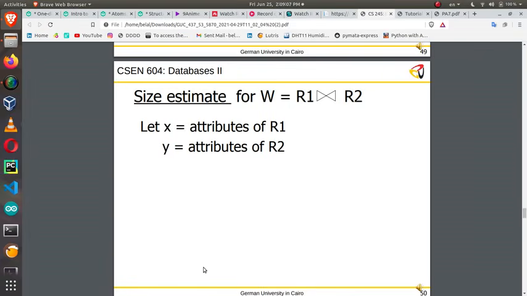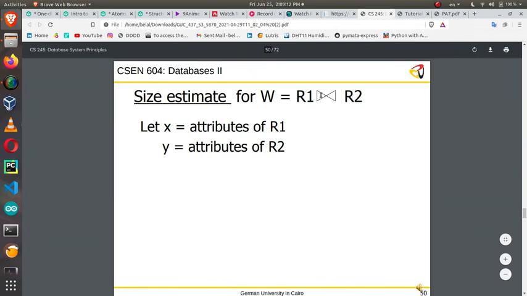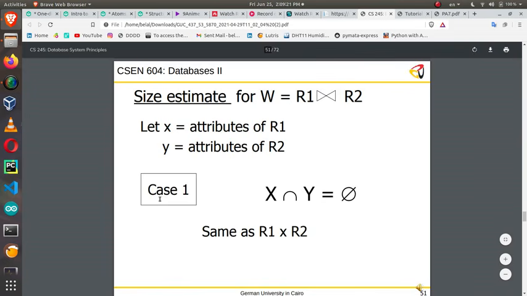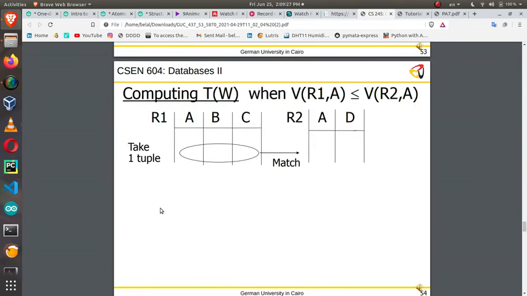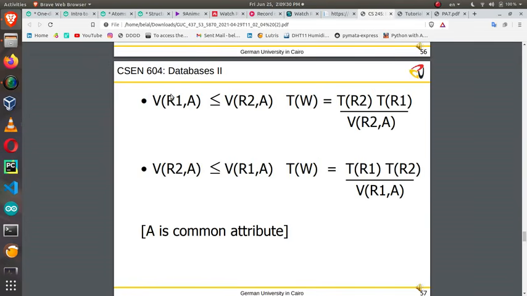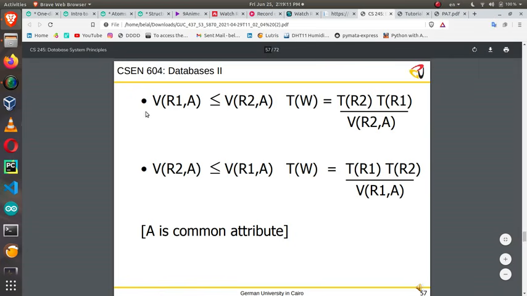The join, okay. Now, how many tuples result from performing a join between tables R1 and R2? We want to join these two tables or these two relations. So here are the two rules, okay, to compute the number of tuples for any join query, to join two tables or two relations R1 and R2.